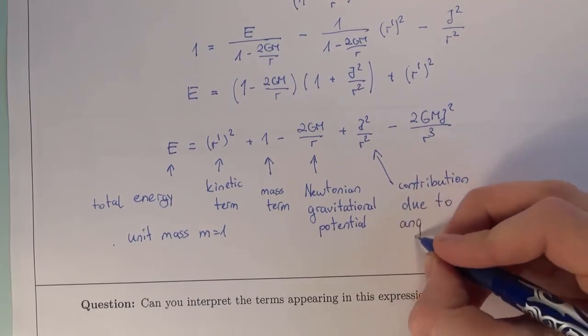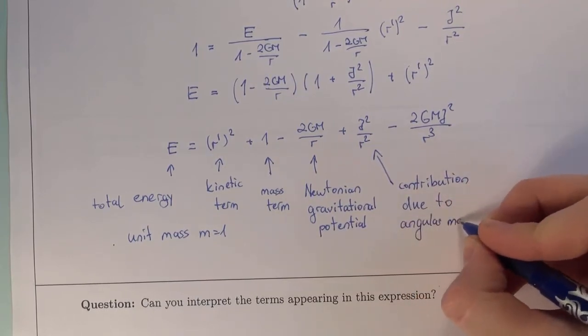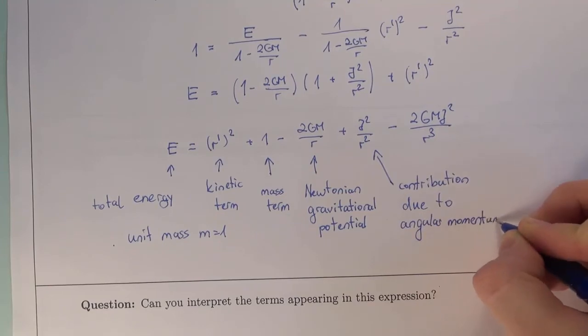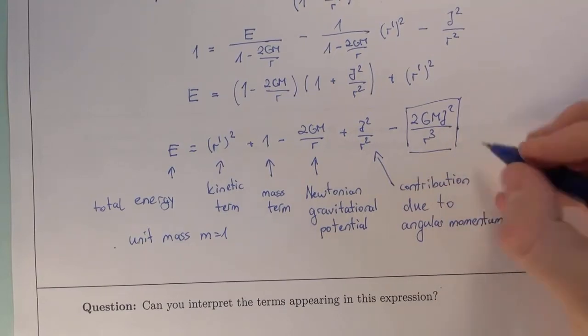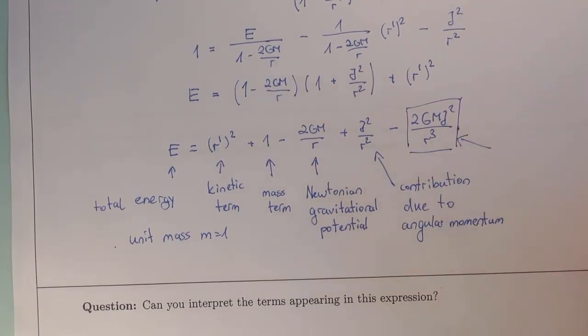That is also quite standard. But now this last term here, this is the interesting one. And this one then indeed turns out to be the correction term from GR.